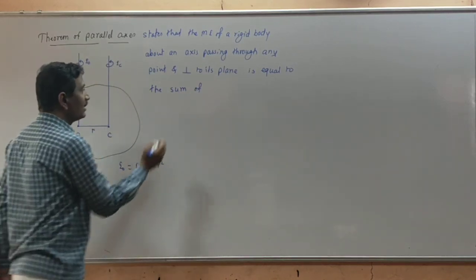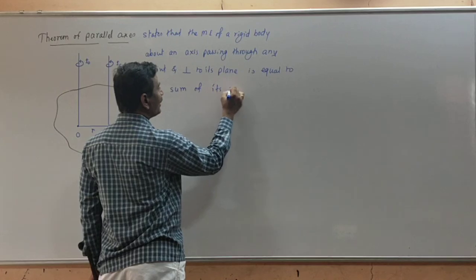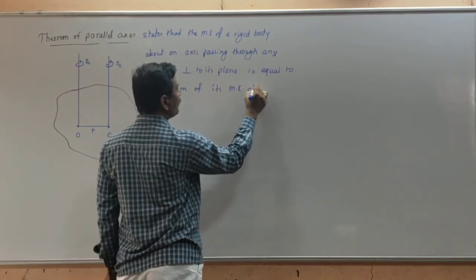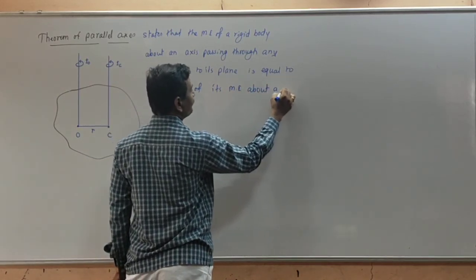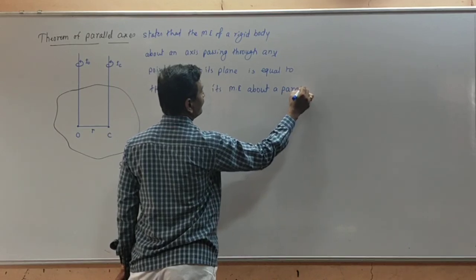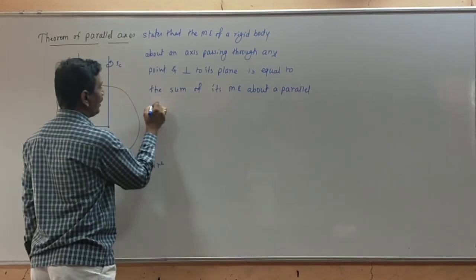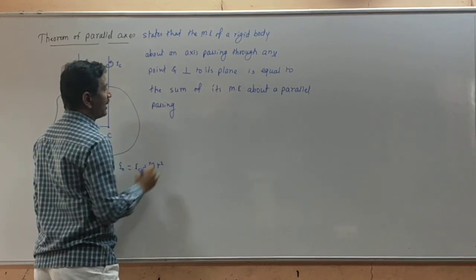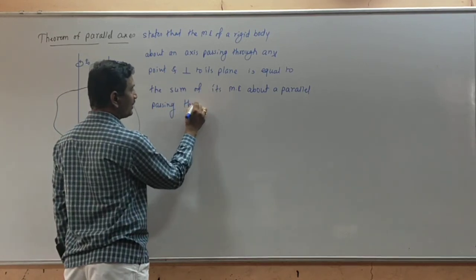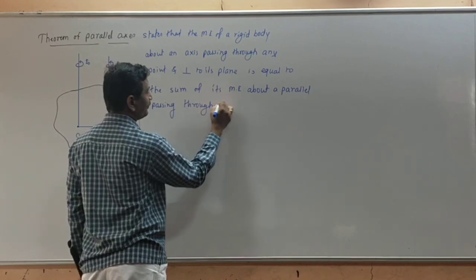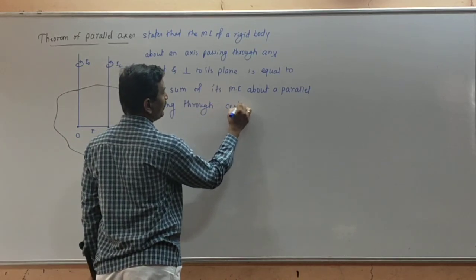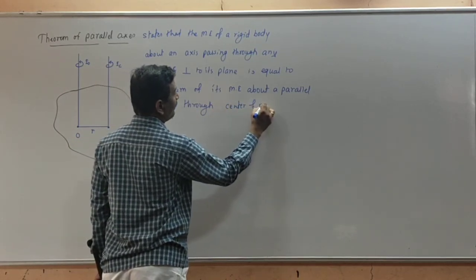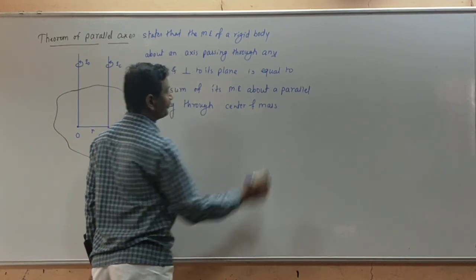So what is I_C? The sum of its moment of inertia about a parallel axis passing through the center of mass.